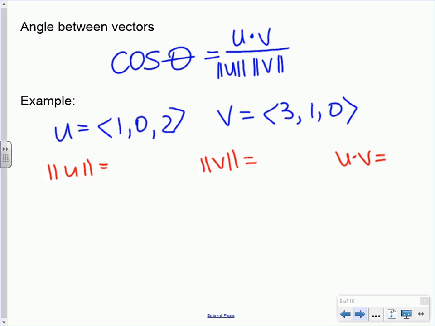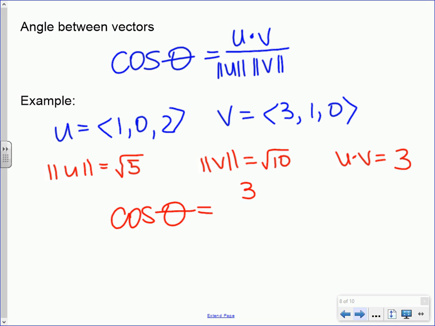All right, pods 1 and 2, magnitude of u. Radical 5. Okay. Pod 3. Radical 10. Dot product. 3. Okay. So the cosine of theta, the angle in between these two vectors, is going to be 3 over radical 5 times radical 10.